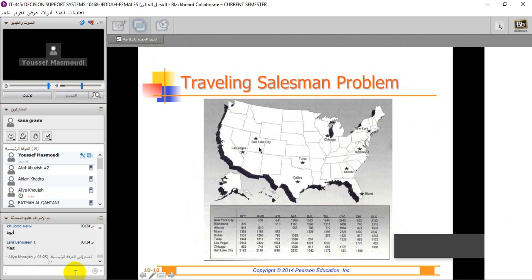You have a salesman problem that will visit Las Vegas, Salt Lake City, Tulsa, Chicago, New York, Richmond, Atlanta, Miami, Dallas.